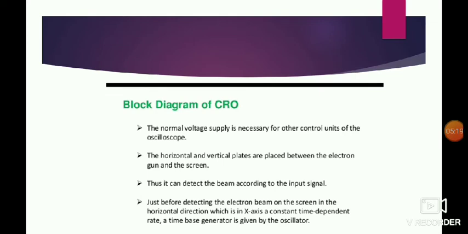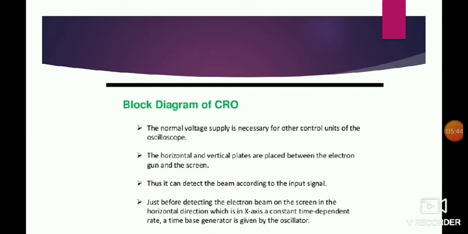The normal voltage supply is necessary for other control units of the oscilloscope. The horizontal and vertical plates are placed between the electron gun and the screen. Thus, they can deflect the beam according to the input signal.